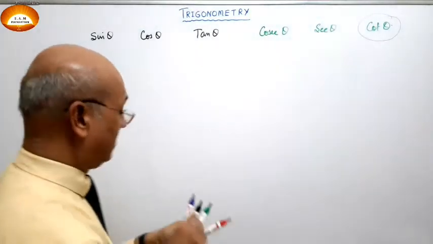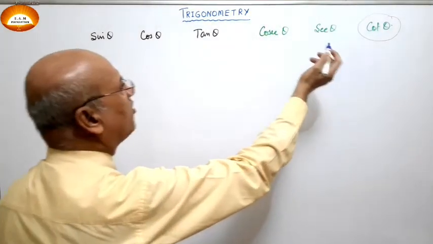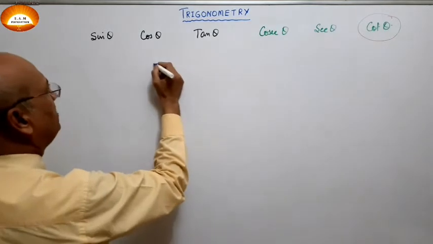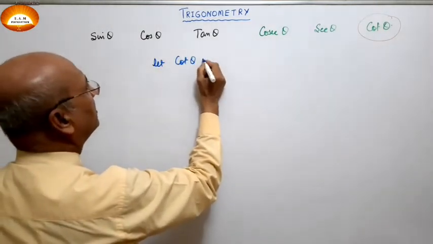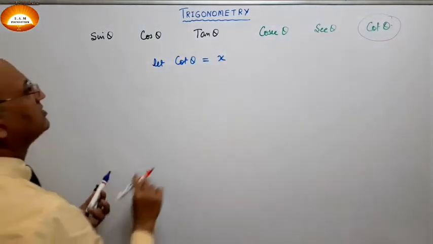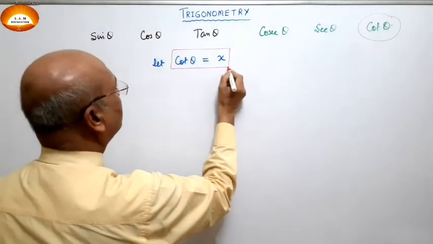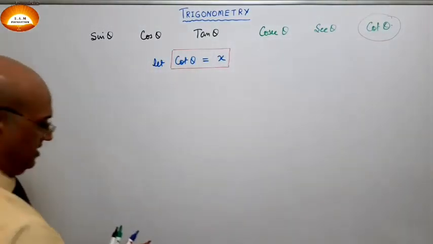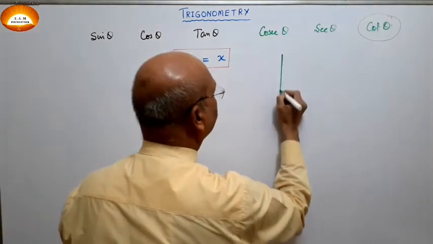So how are we going to start? The first step will be: let cot theta be equal to x. Okay, so this will be the first step. Now we'll make a right angle triangle.